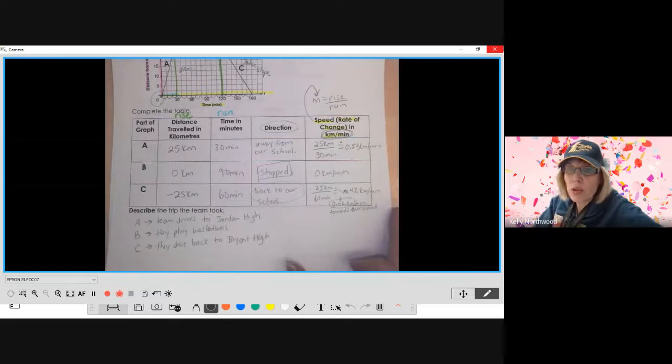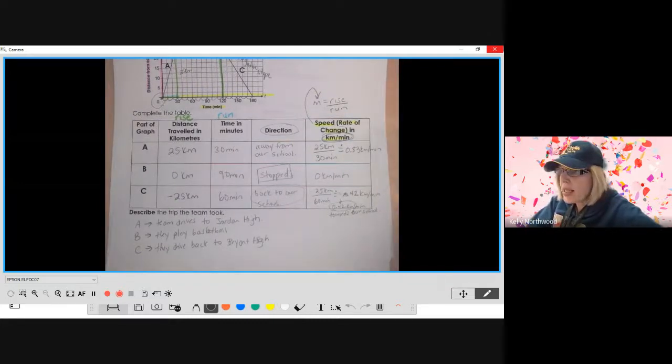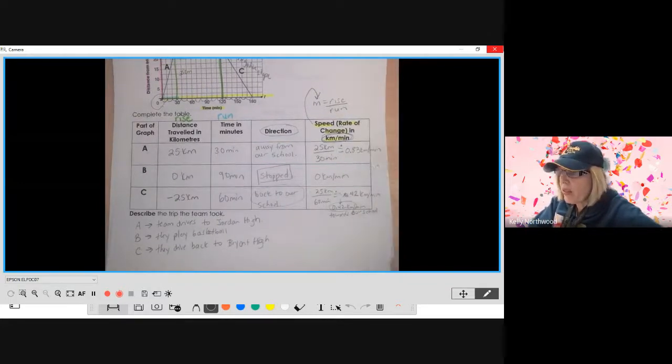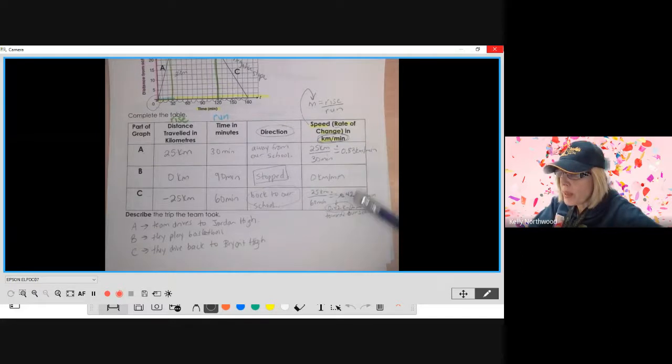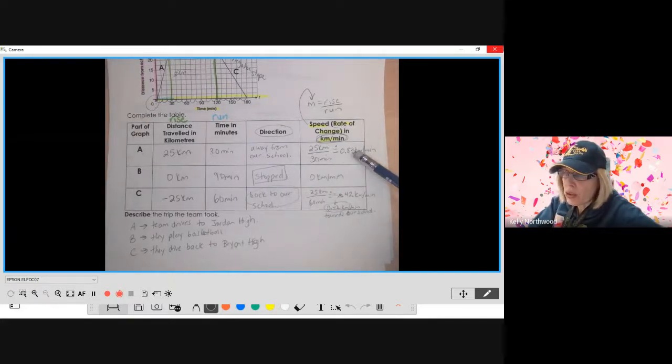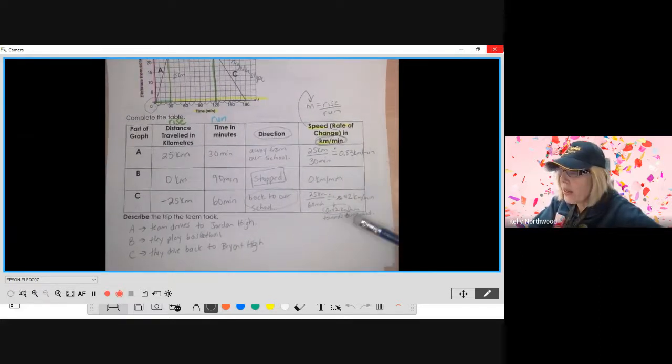Okay, different multiple choice questions they might ask is, did they drive faster on the way there or faster on the way back, and by how much? If you know the speed for each part, you can say they drove faster in part A and then subtract them to find out by how much.